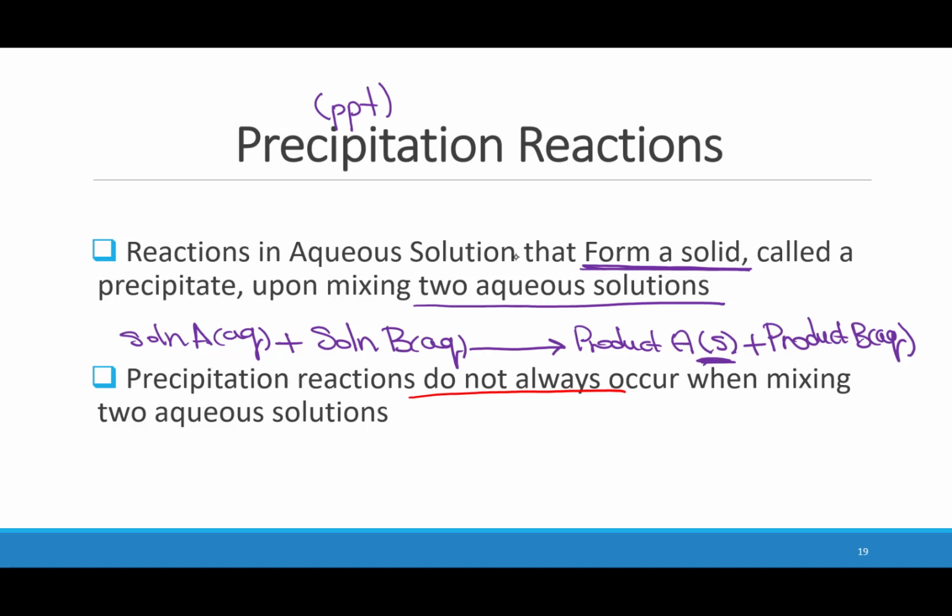I gave you that pink handout in class, which shows you the solubility rules. It says which of the products will be soluble and which one will be insoluble. If it's soluble, the state of it is aqueous. If it's insoluble, the state of it will be solid.